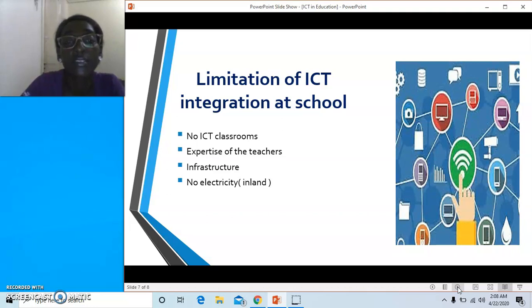So no electricity is also a limitation. And no internet, because not everywhere in Suriname we have internet. So if you don't have internet, then you can't integrate ICT.